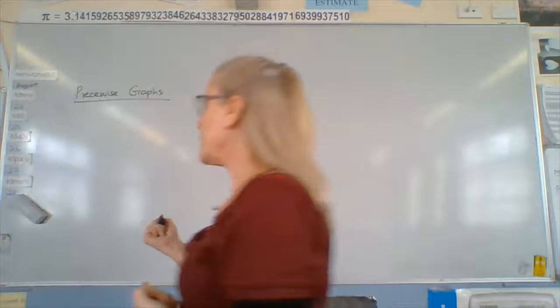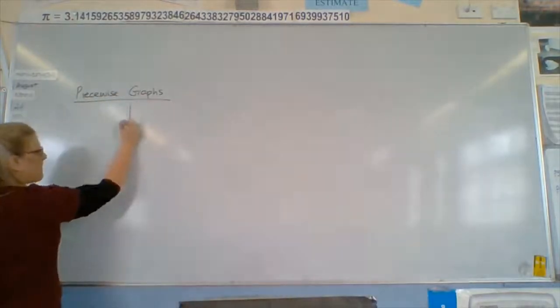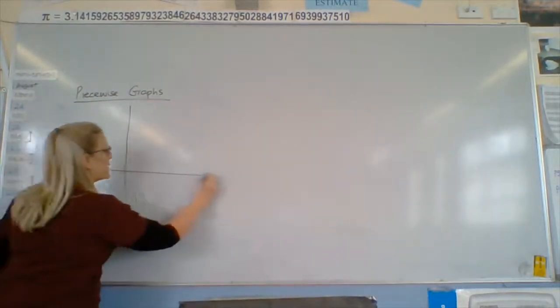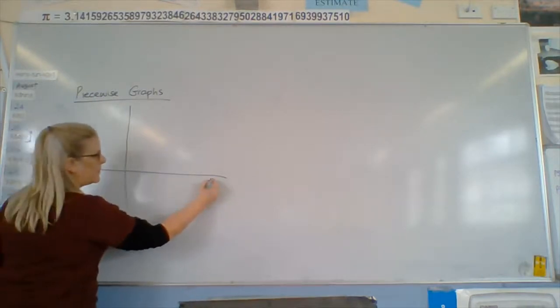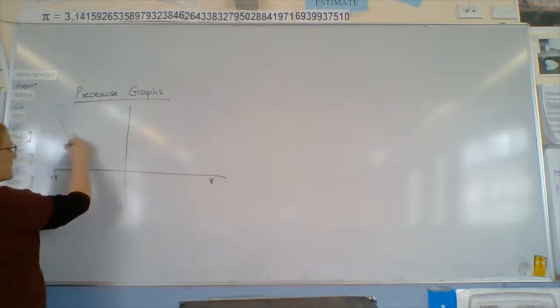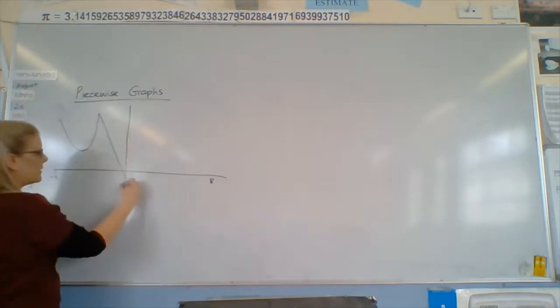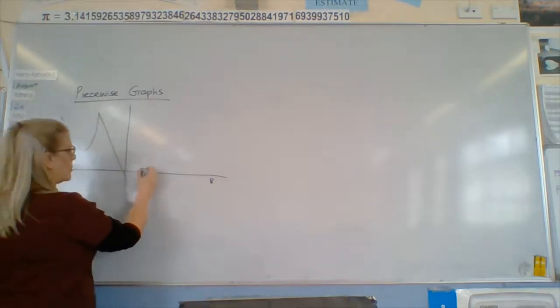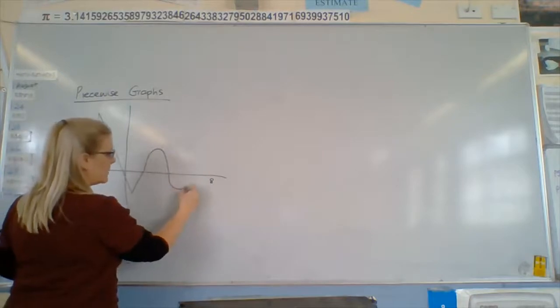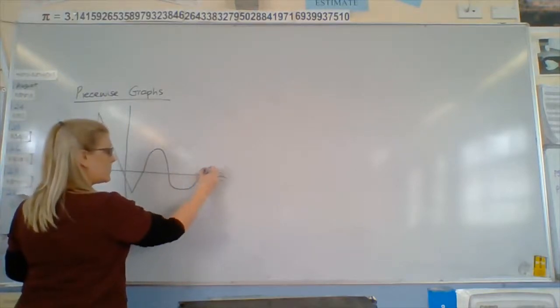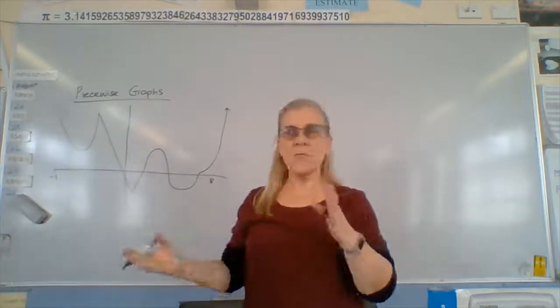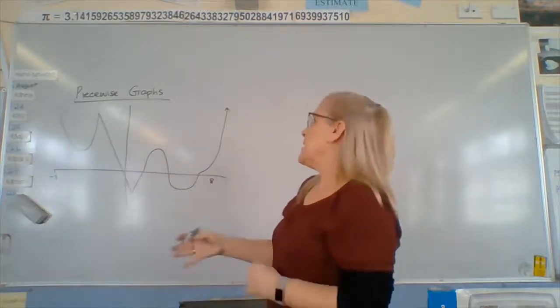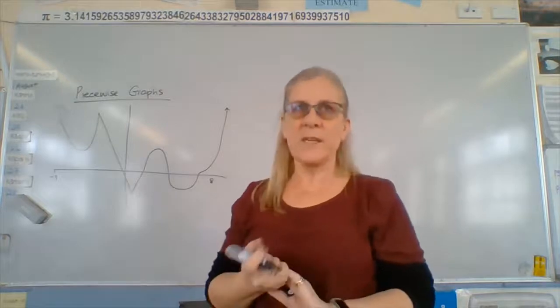So you might get a graph like this. All right, so just some random thing that's been drawn to represent something you've been given.